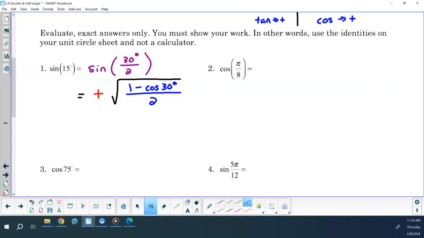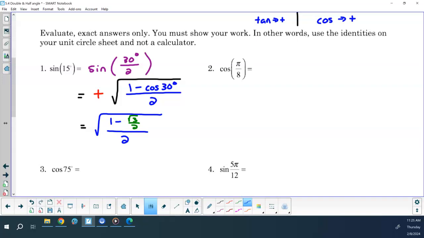Well, what is the cosine at 30 degrees? Do you want to keep change flip now, or do you want to keep change flip later? Change it now. Okay.